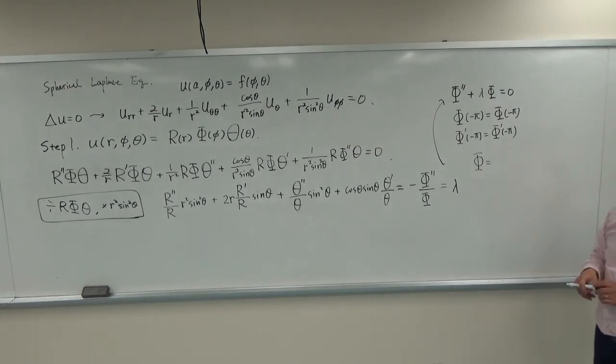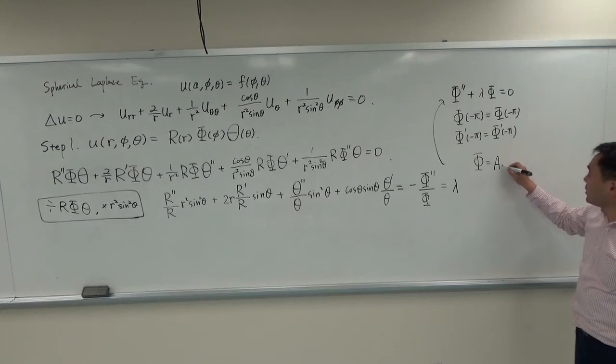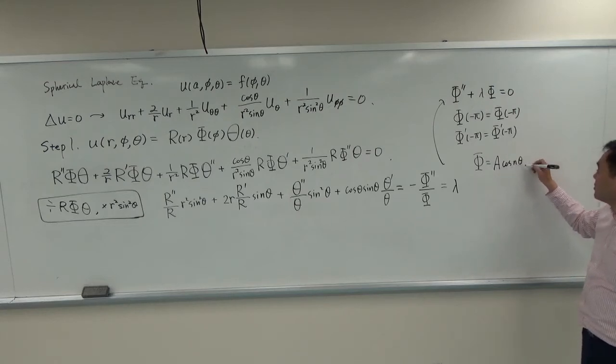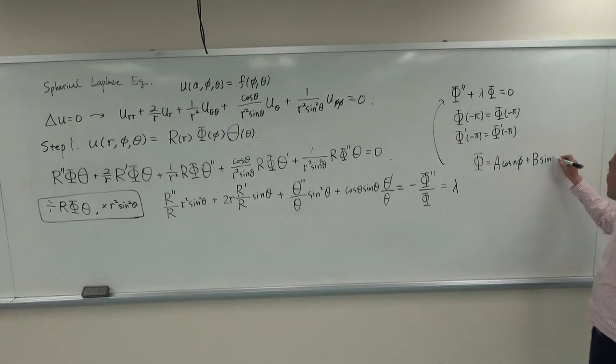Oh, I thought we did this so many times. Well, lambda would be n squared. Yeah, and then lambda is n squared, and A cosine n theta, right. So you get a cosine n theta. Actually, we shouldn't say theta. Oh, now it's phi. Okay, B sine n phi.